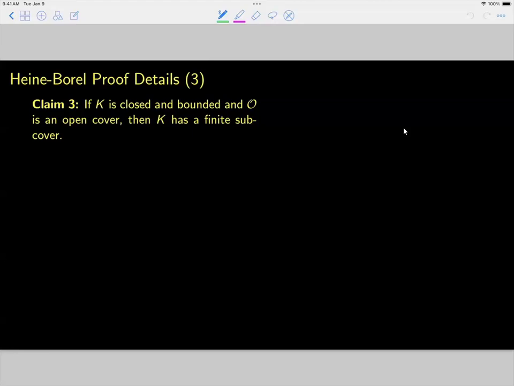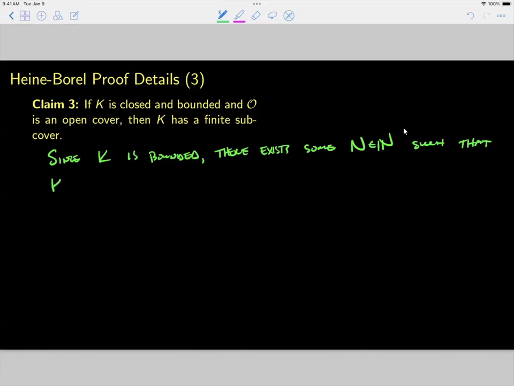Since K is bounded, there exists some natural number n such that K is contained entirely inside the set minus n to n.